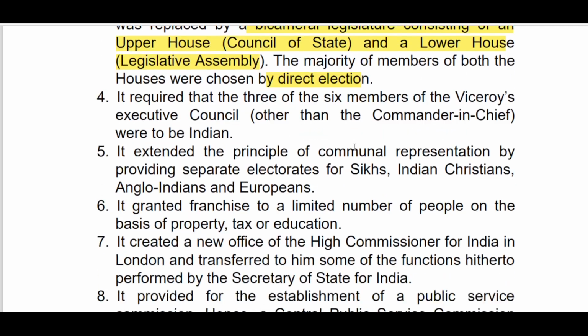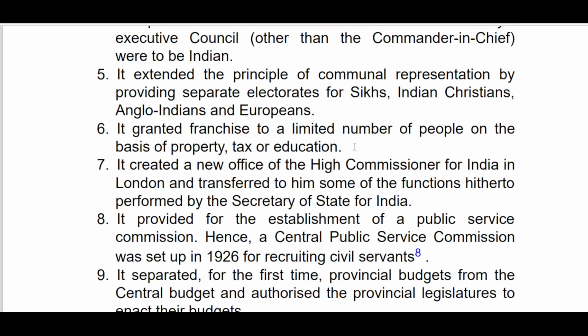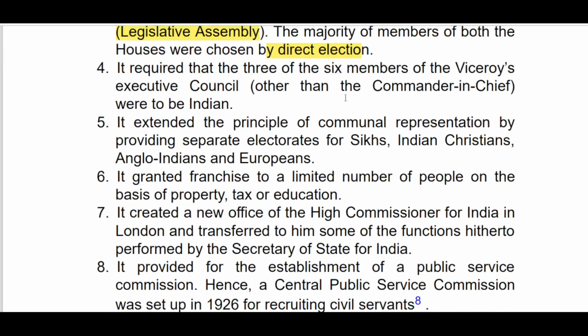It required that three of the six members of the Viceroy's Executive Council, other than the Commander-in-Chief, were to be Indian.